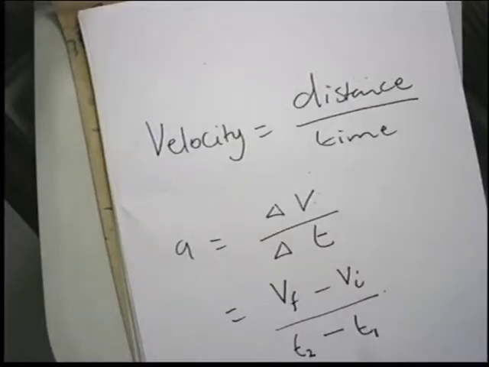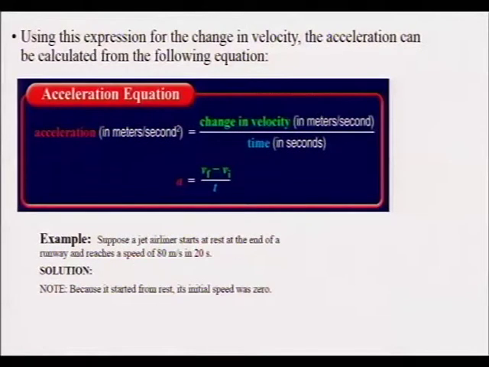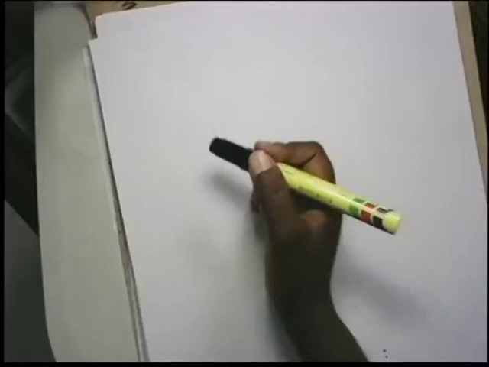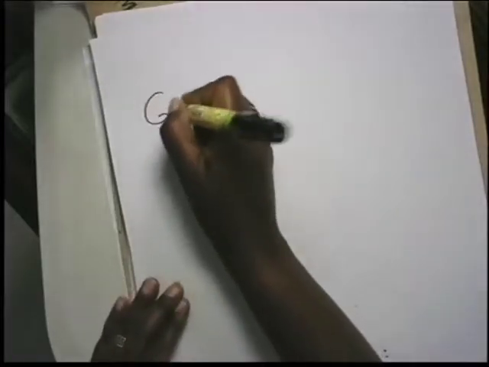Let's look at the example given here. Suppose a jet airliner starts at rest and at the end of a runway reaches a speed of 80 meters per second in 20 seconds. We have to be mindful of our units always. Let's start with what is given.